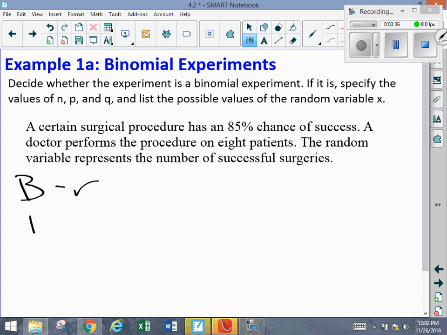I: is each trial independent? In other words, does the fact that one surgery goes well affect the probability that another surgery goes well, or are they totally separate? Given that it's not the same doctor, you would say that those are independent.